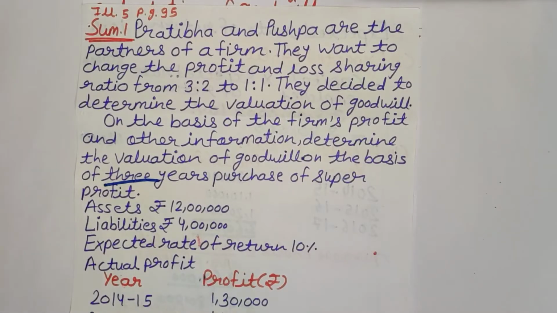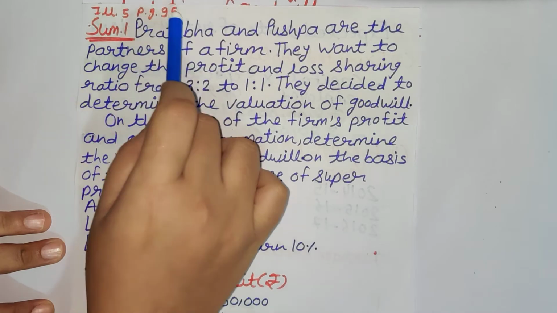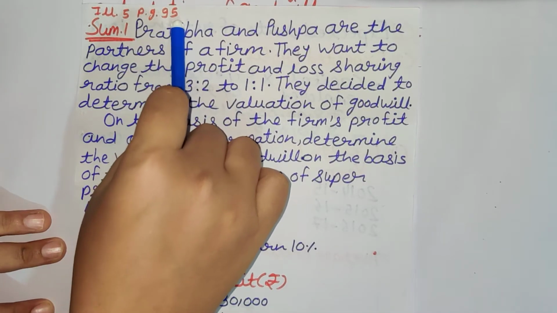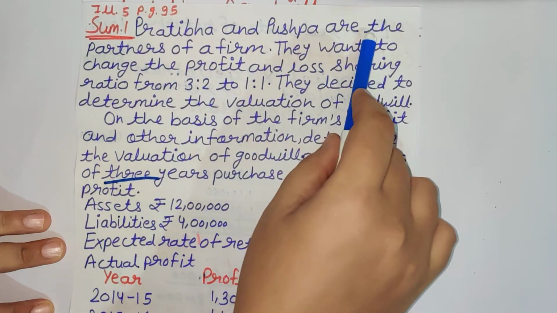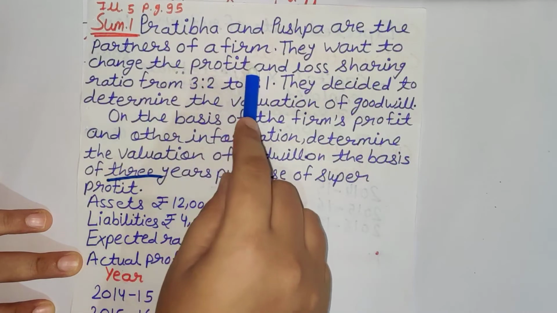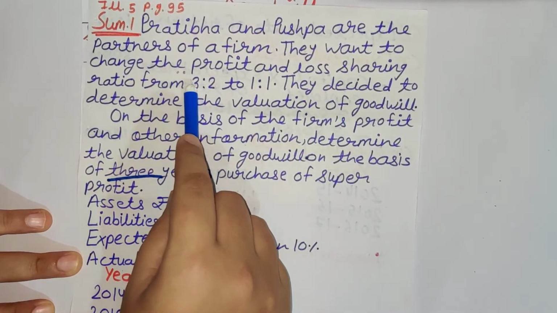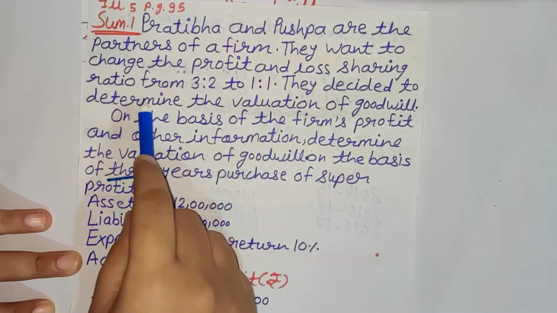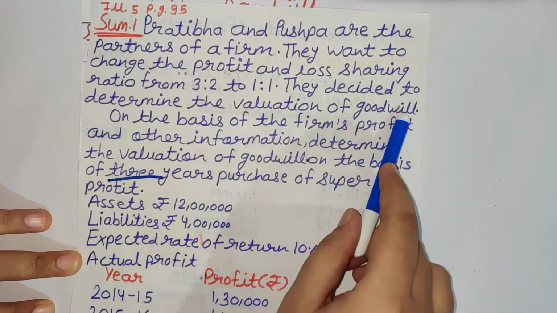Here the illustration number 5 that is given on page number 95 is written. Let's read the sum. Pratibha and Pushpa are the partners of a firm. They want to change the profit and loss sharing ratio from 3:2 to 1:1. They decided to determine the valuation of goodwill.